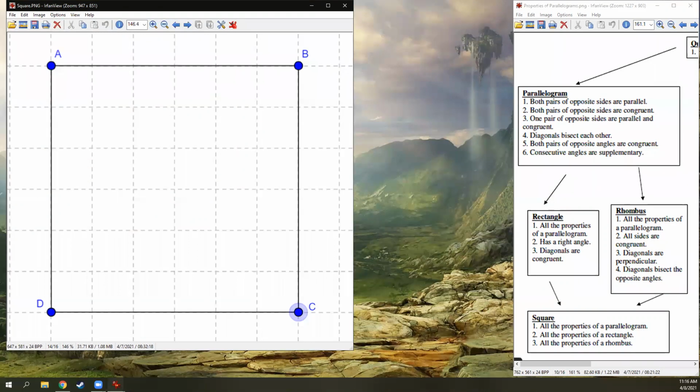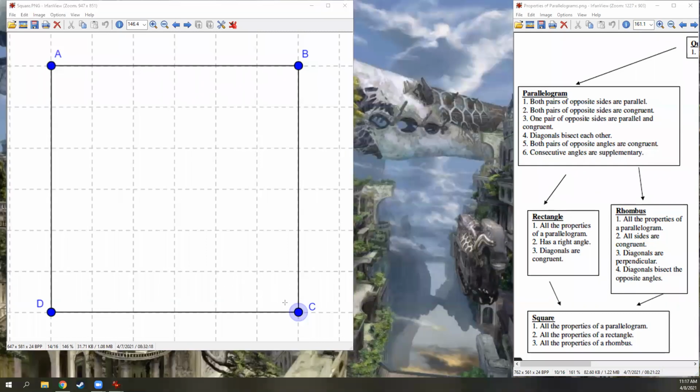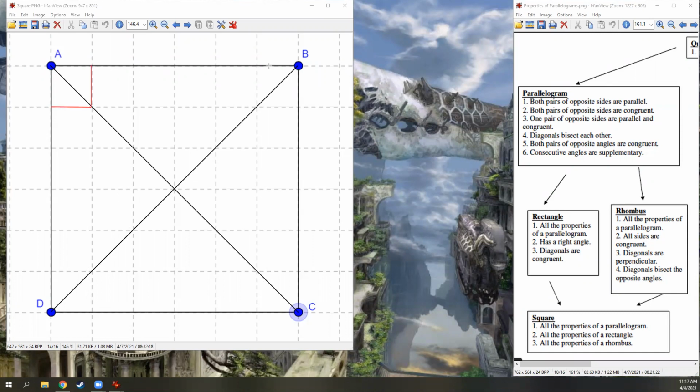What that means is that all the sides are equal, all the angles are 90 degrees, and the angles are cut in half, which means all of these halves are half of 90, or 45. So each half is 45.